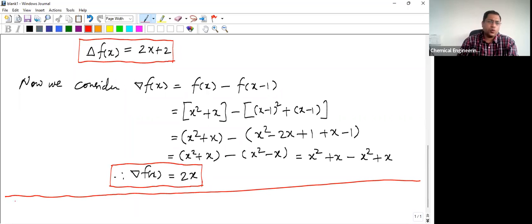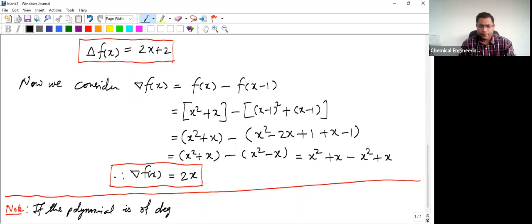So what we have to note is that if a polynomial is of degree n, then the nth difference is constant.